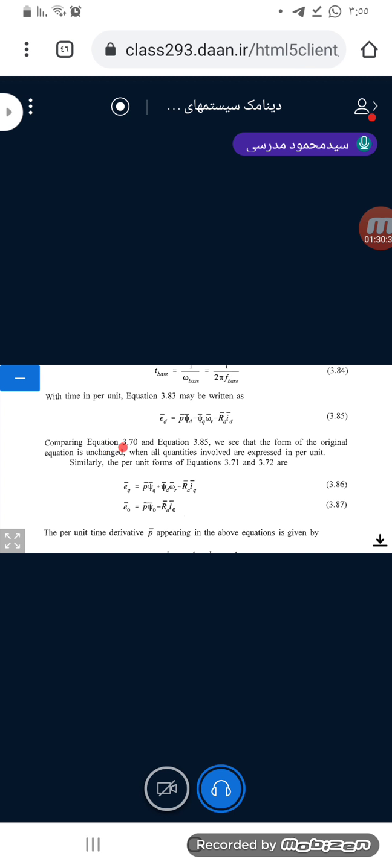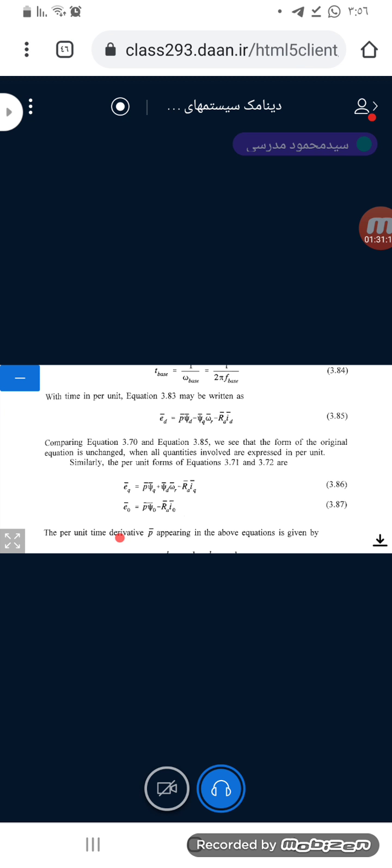Comparing equation 3.70 and equation 3.85, we see that the form of the original equation is unchanged when all quantities involved are expressed in per unit. Similarly, the per unit forms of equation 3.71 and 3.72 are e_q and e_0.